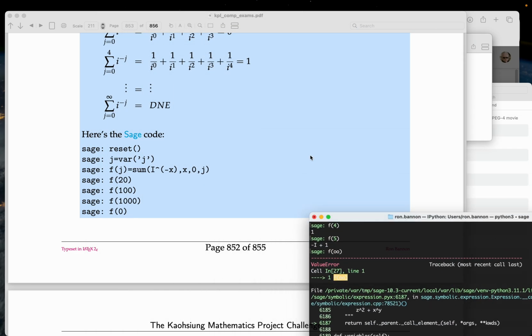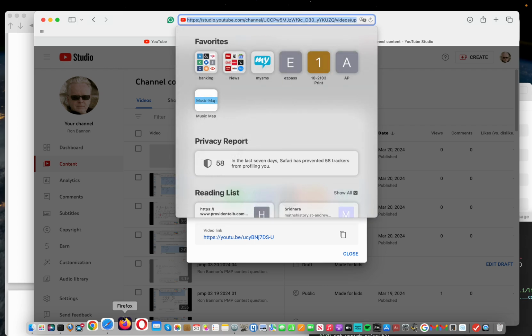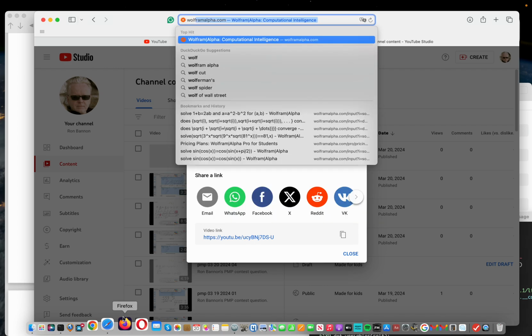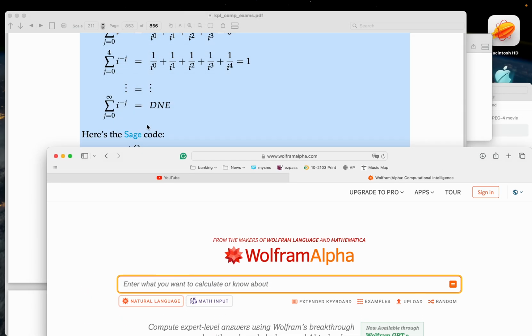So what I want to do, I want to go to Wolfram Alpha. I'm going to open my web browser, and I want to see what Wolfram Alpha does. And let's go for that, Wolfram Alpha. And I'm going to type in the sum.